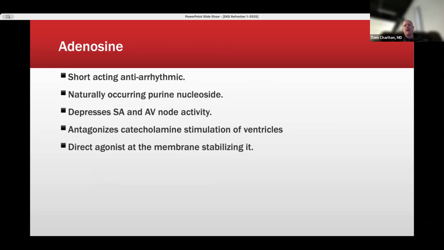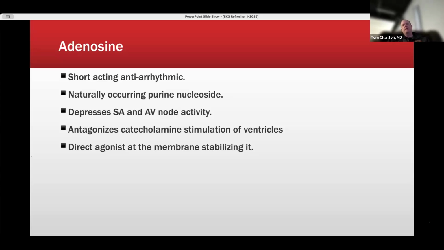It's a very short-acting antiarrhythmic. It slows down SA and AV node activity, and it also antagonizes epinephrine. So if somebody is in this fight or flight kind of thing, it slows down that epinephrine's responsiveness to the ventricles. It also works as a direct agonist at the membrane, stabilizing it.